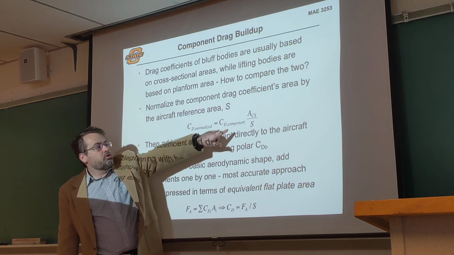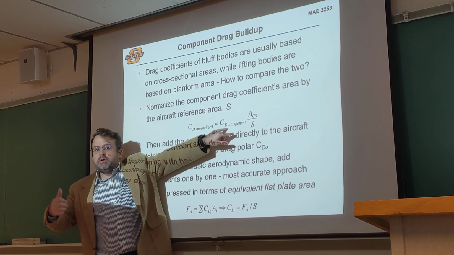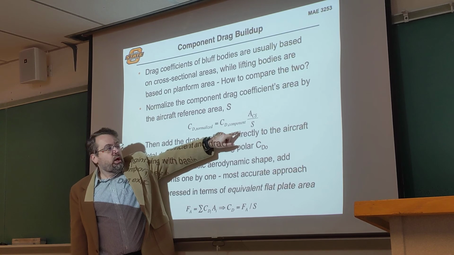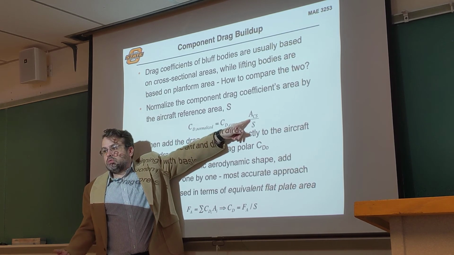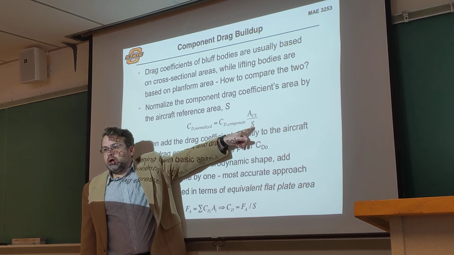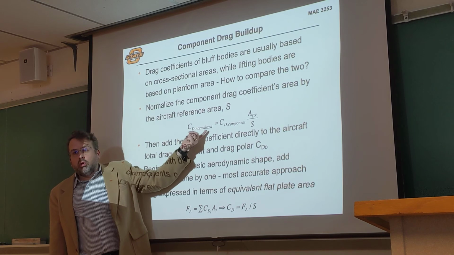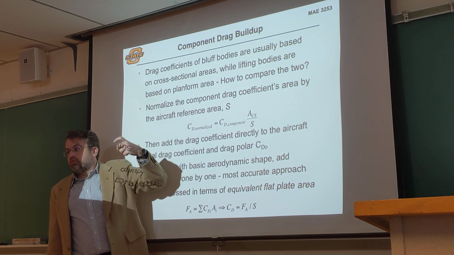I'm going to figure out the drag by doing a wind tunnel test on that, or maybe some simple CFD, or going back and looking at the reference book. I'm going to use the cross-sectional area that drag coefficient is based upon, and then normalize it by my wing area. That allows me to find out what that normalized drag coefficient is going to be when added to my aircraft.